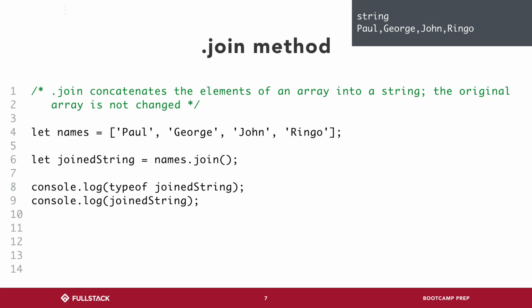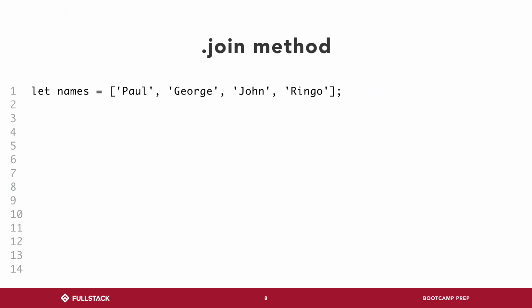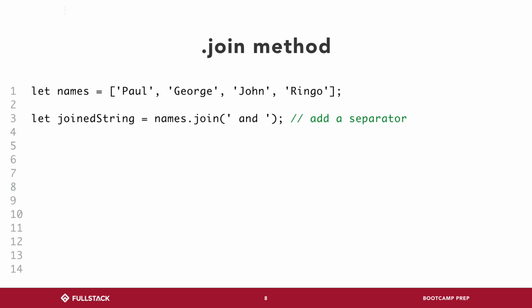So with the join method, you can add a separator. That's the argument that you can pass in. The other one you saw was just an empty function call, or invocation of the function. It defaults to a comma, and just everything's slammed together.